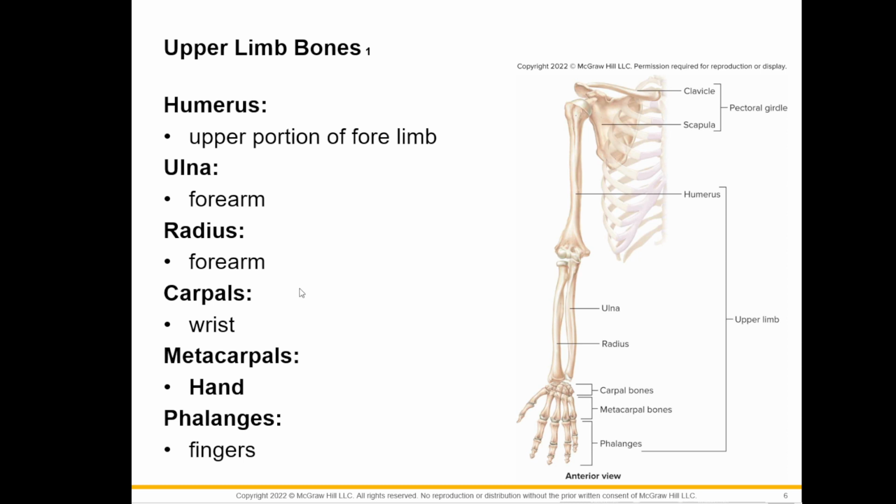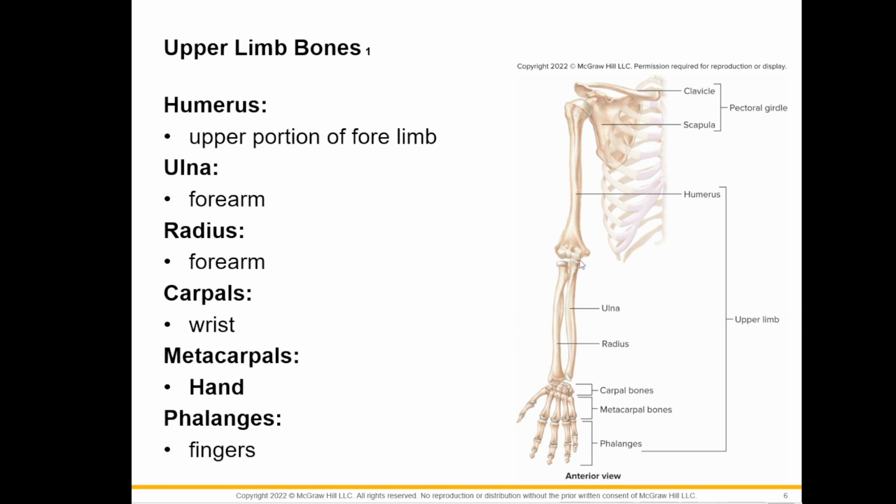Now, let's talk about the upper limb bones. The upper portion of the limb is called the humerus. As you can see, the head of the humerus inserts into the glenoid fossa or the glenoid cavity of your scapula. In the forearm, we have two bones, the ulna and the radius.